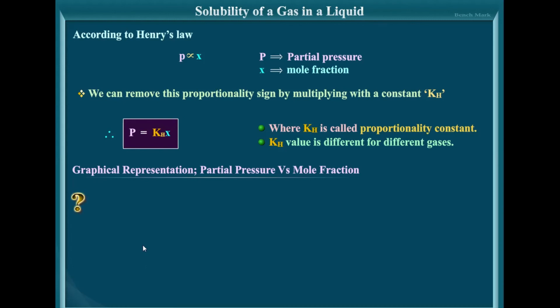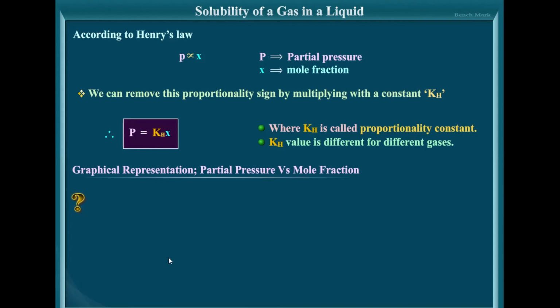Third point, the Kh value of a gas is different in different solvents and increases with the increase in temperature. For example, the Kh values of some gases in water at different temperatures are given in your textbook also. So you can refer to that.